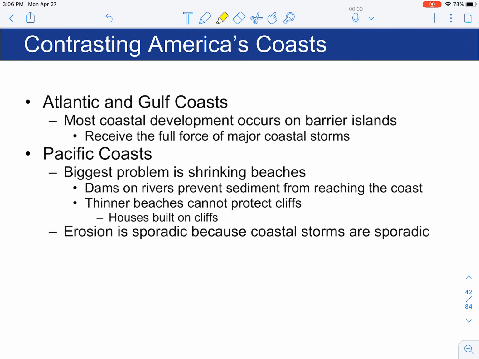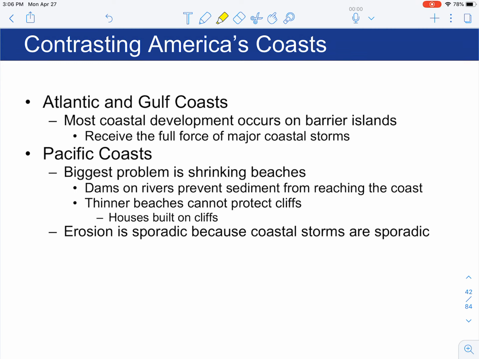The Pacific coasts are a little bit different in that their biggest problem is the fact that beaches are eroding rapidly. And due to this erosion, it's very difficult to protect the cliffs. Again, the topography here is much steeper. The waves are much bigger, and you tend to get more cliff faces that are compromised by changes in wave action.